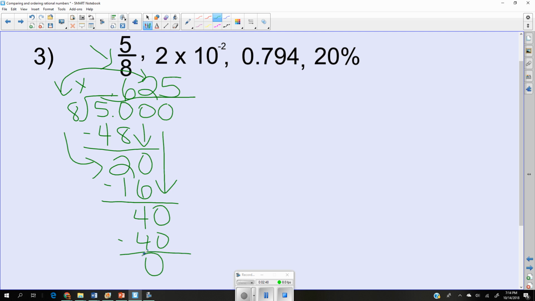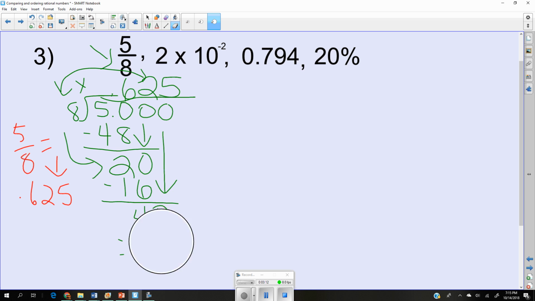So our answer is 0.625. So that's for 5/8. So 5/8 equals 625 thousandths.